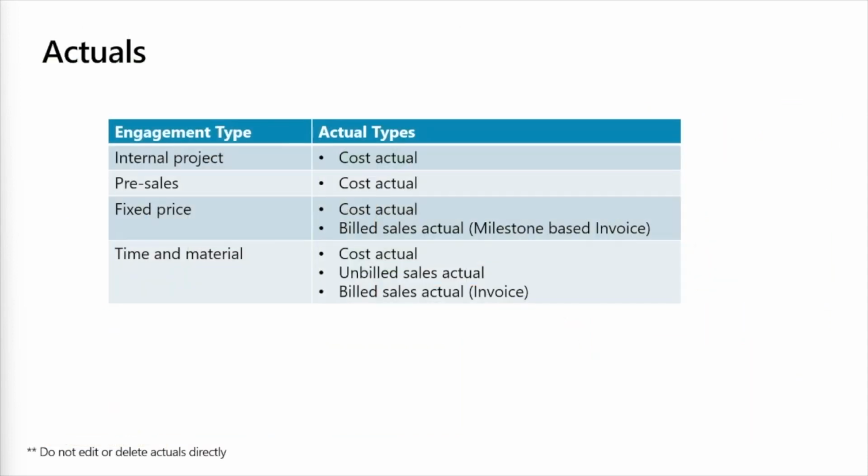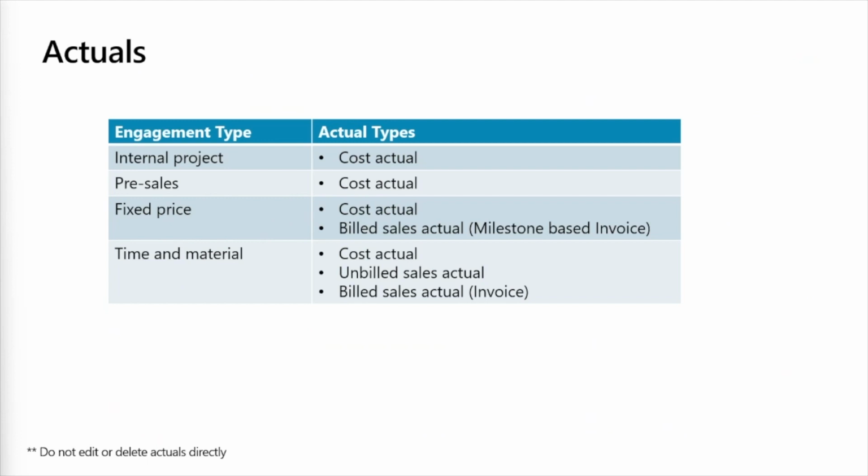Now, the reason why it's important to understand these things is we do not want our customers or partners to modify or start inputting records directly in the actuals table. If we need to get the actuals, then it's important to leverage either the journals or the appropriate mechanism.